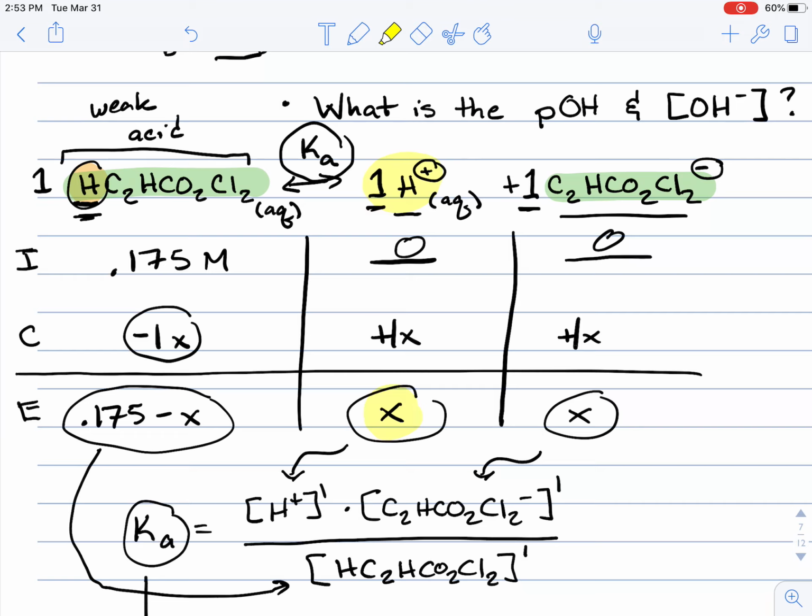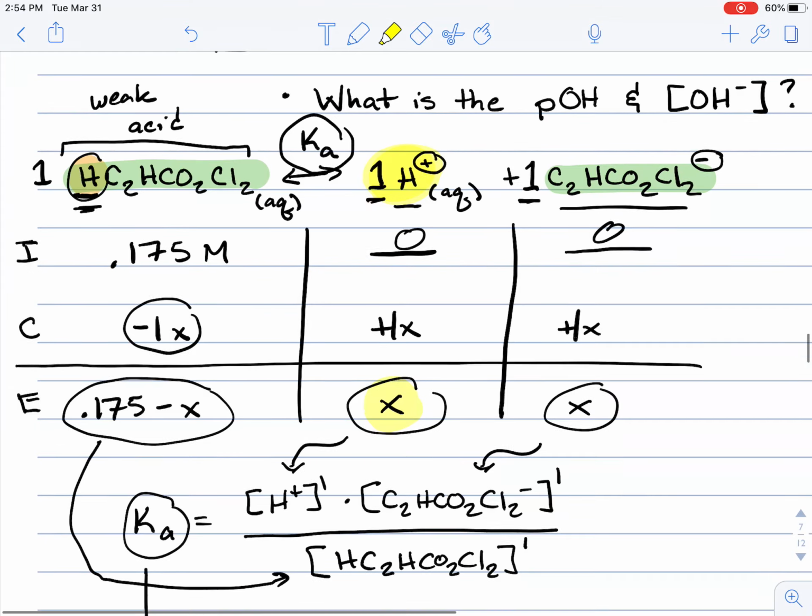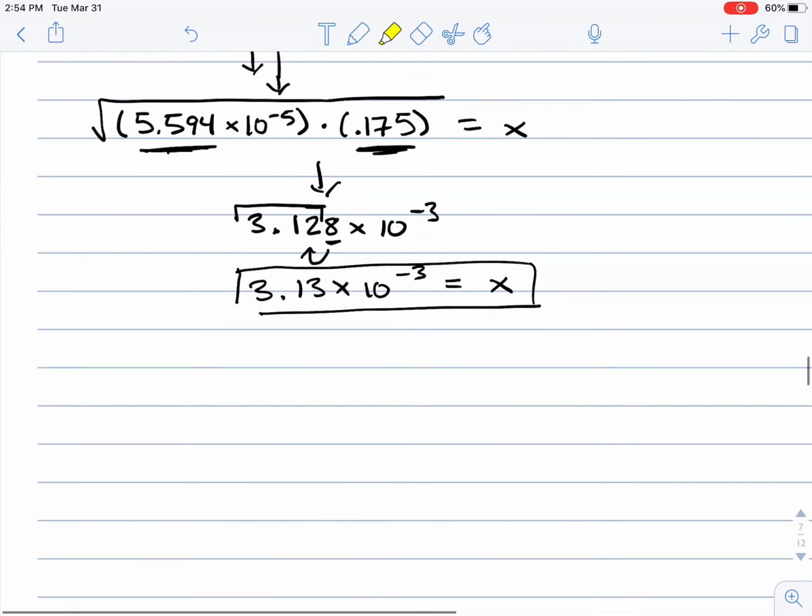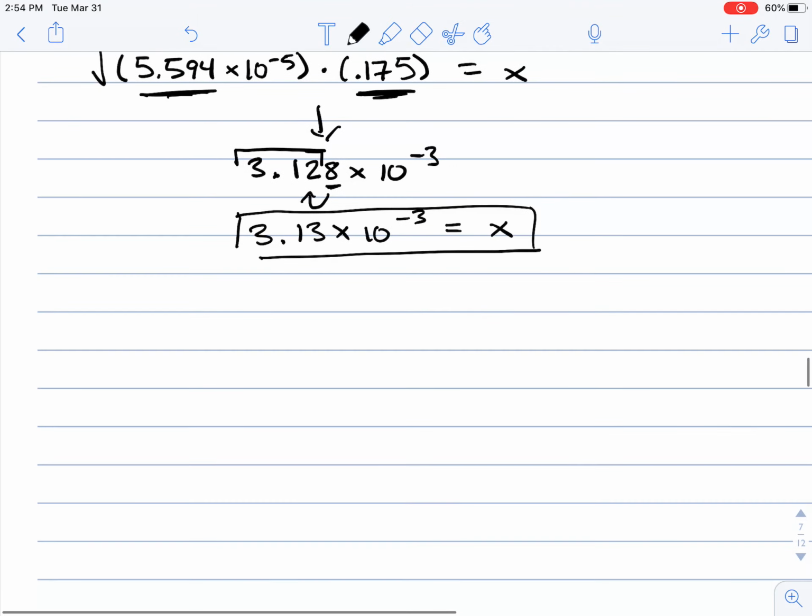So it turns out that the x that we solved for through our mass action expression is going to be the equilibrium concentration of hydrogen ion. And so we're going to go ahead and take this value x and state that it's going to equal the concentration of our protons at equilibrium.